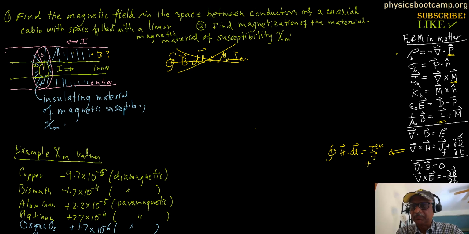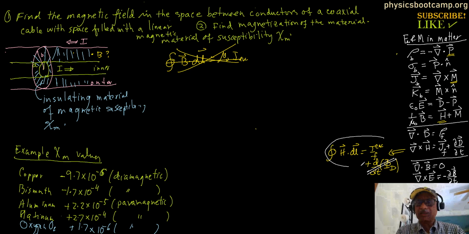Plus, you have to take care of d/dt of the flux of the D field, called the displacement field, if present. The D field will be present if there is a polarization in the material or an electric field, or both. But here we don't have that, so in our case this term is not there, and we just have this law.